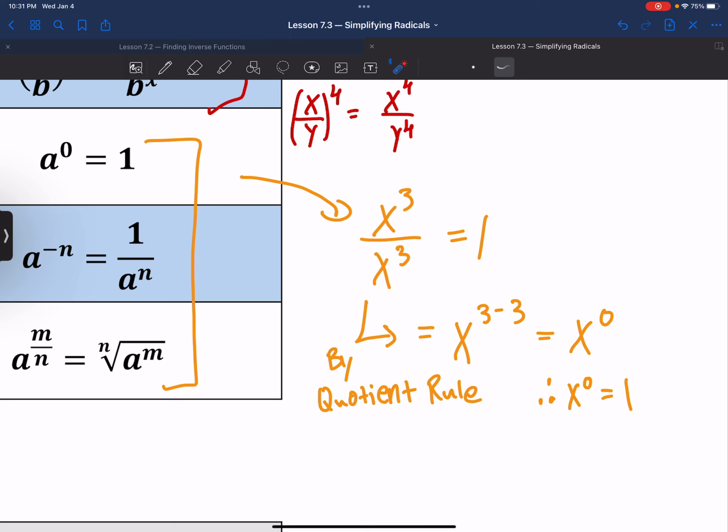And the reason 0 to the power of 0 is debated is because suppose that x is 0. Well, then isn't this 0 cubed over 0 cubed, which is 0 divided by 0? Now, there's a contention. There's something to be said about that.